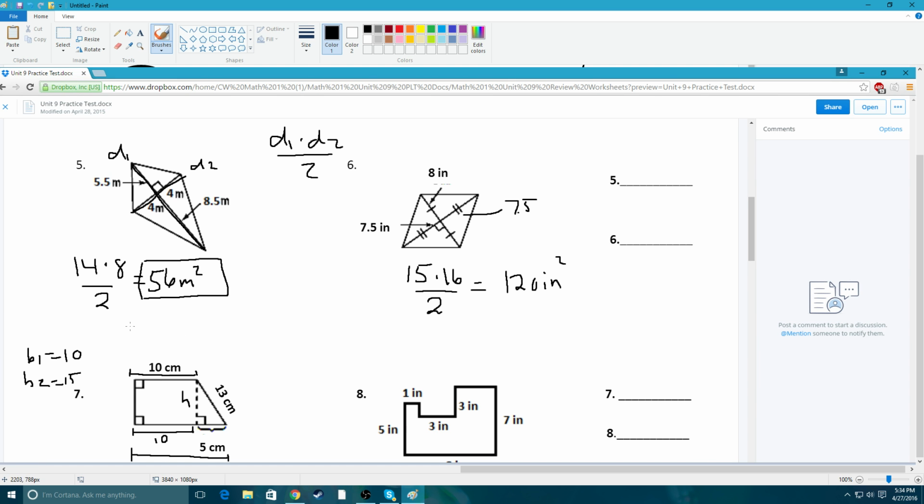So Pythagorean theorem says h squared plus 5 squared equals 13 squared. So that's h squared plus 25 equals 169. Subtract 25 from both sides.